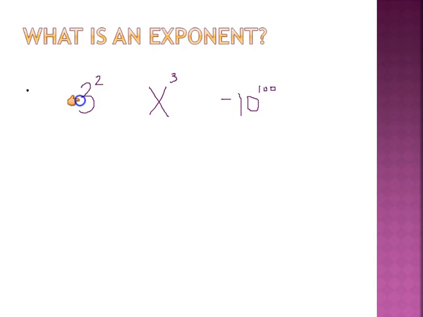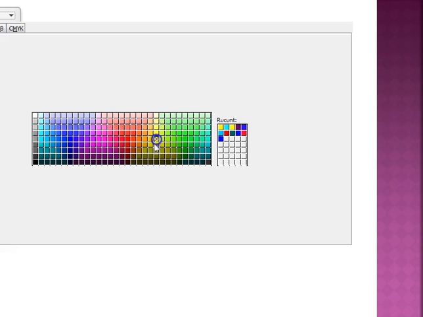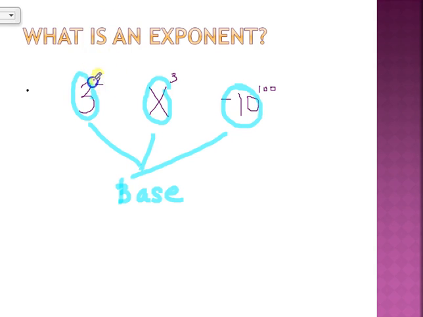So we call this the base. So 3, this is going to be the base, the x, the negative 10. These are all what we call the base. And then that smaller number raised to the upper right-hand side of each number, those are our exponents.